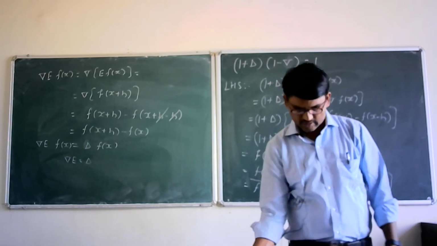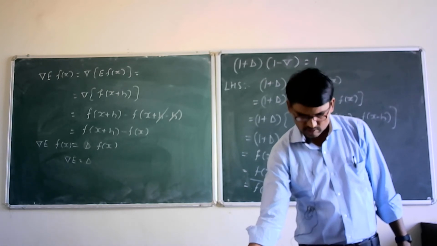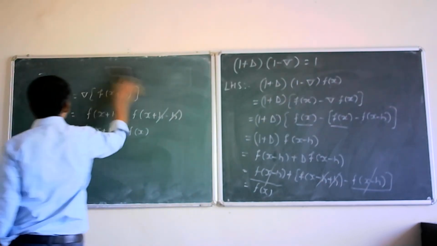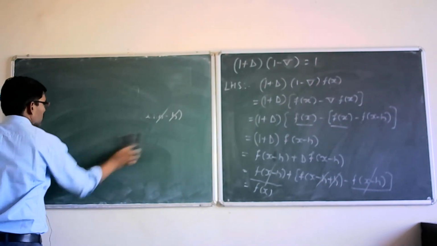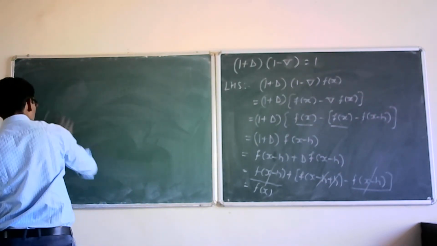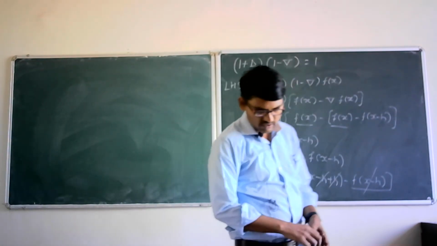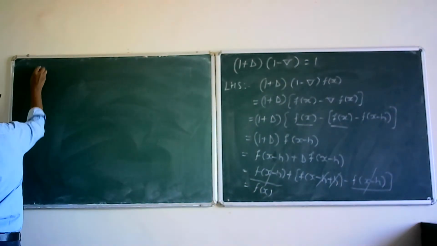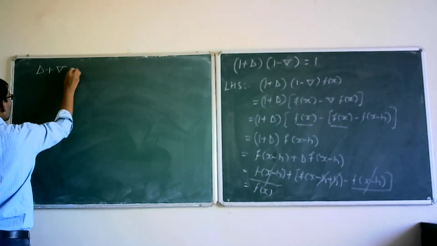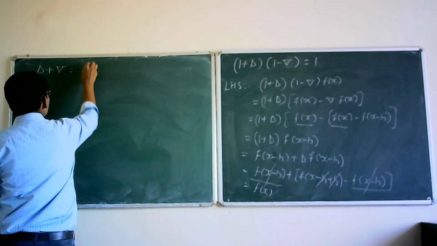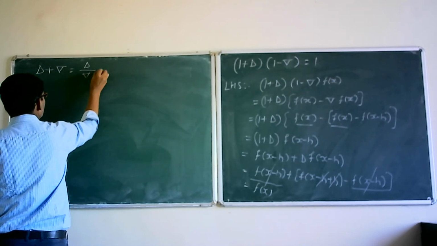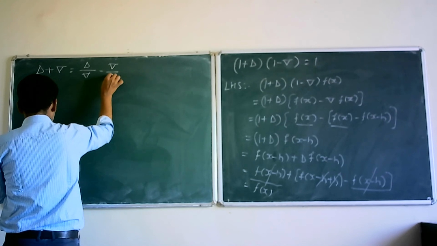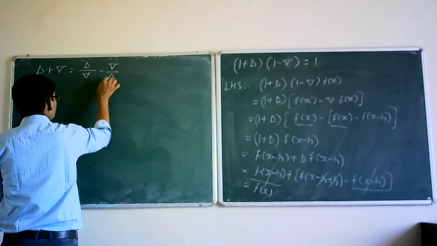Next. Prove that delta plus del is equal to delta divided by del minus del divided by delta.